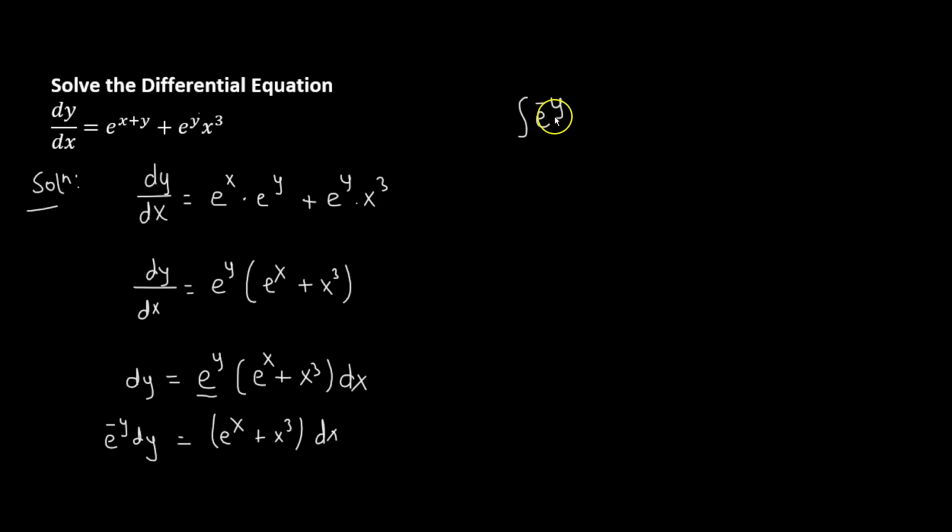So we have integration of e raised to the power of negative y dy, and that's equals to integration of e raised to the power of x dx plus integration of x cubed dx. So integration of the exponential function gives us the function itself. So we have e raised to the power of negative y.